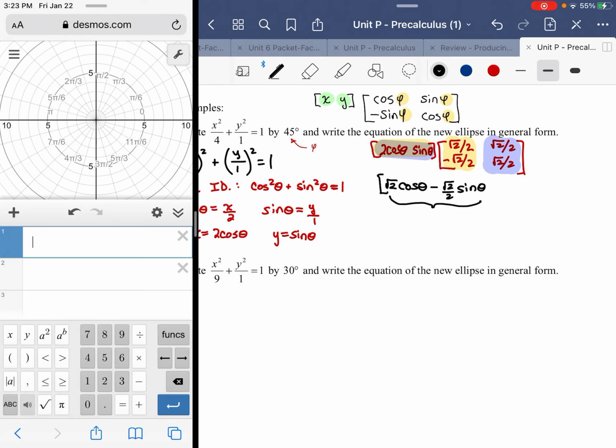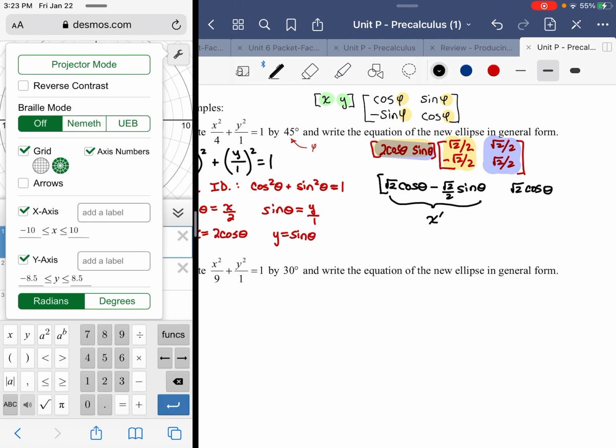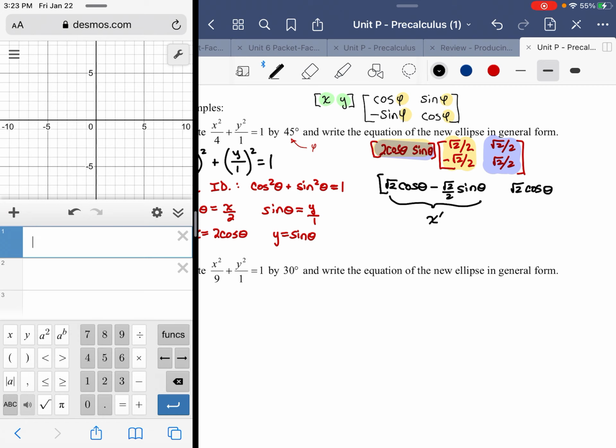And so that would be the new x value. We'll call that x prime. And then 2 cosine of theta multiplied by radical 2 over 2, so radical 2 cosine of theta plus radical 2 over 2 sine of theta.